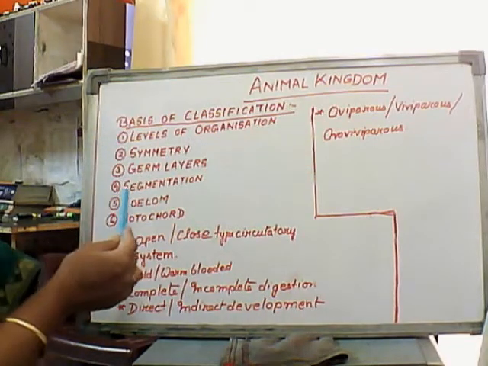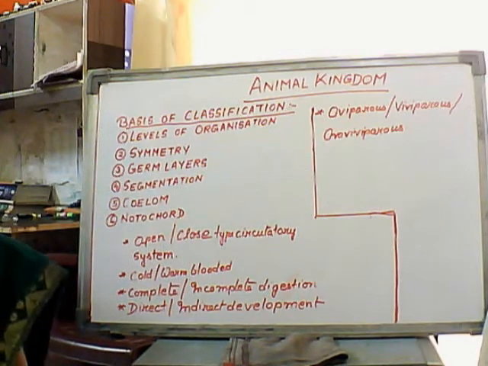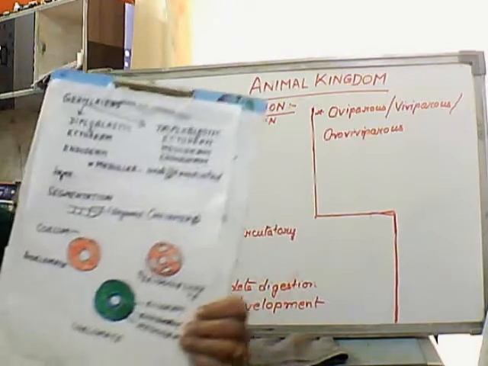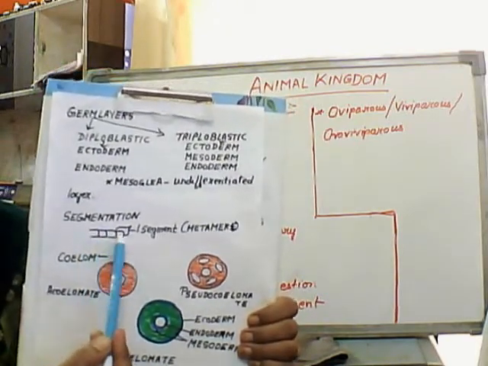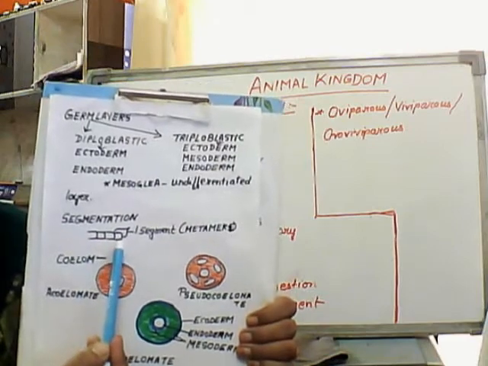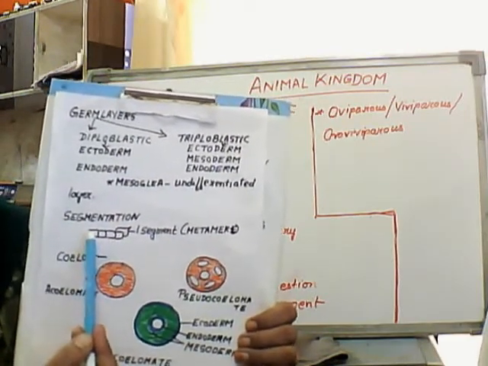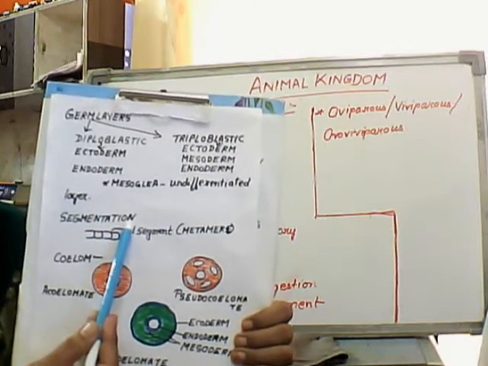Then the fourth character, segmentation, means some organisms have their body divided into various parts, segments. Here you can give the example of earthworm. Their body parts, you can compare it. If their body is divided into many segments, it is said to be segmentation.